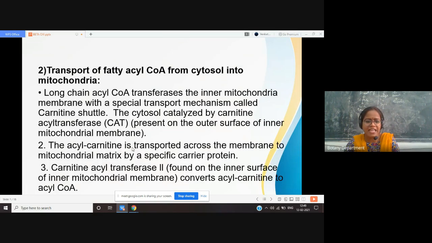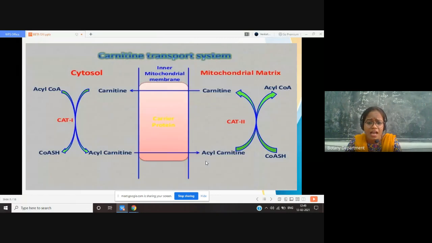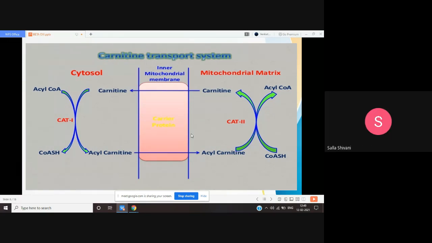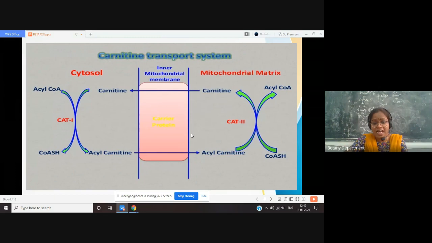The acyl carnitine is transported across the membrane to the mitochondrial matrix by a specific carrier protein. Did you observe, in the middle, the yellow color letters, carrier protein? Yes, ma'am. This acyl carnitine is slowly taken inside by this carrier protein.